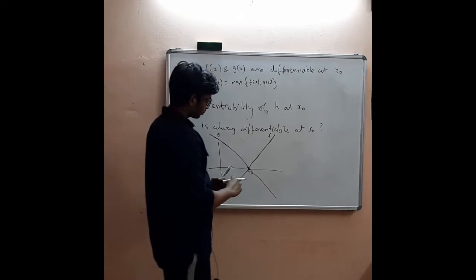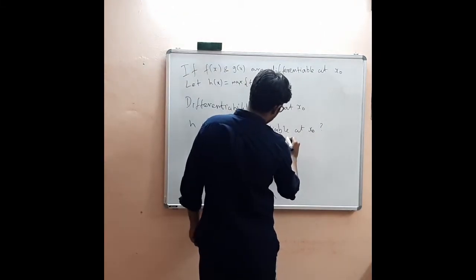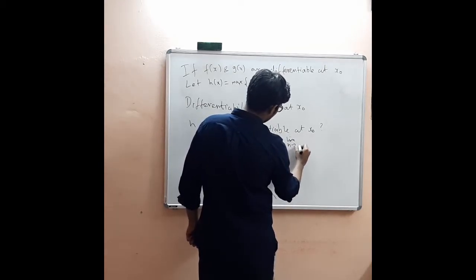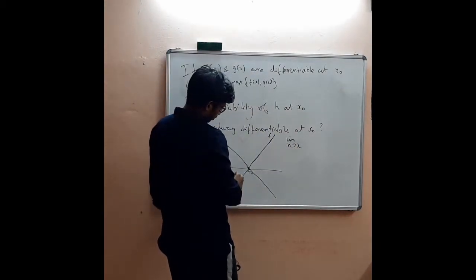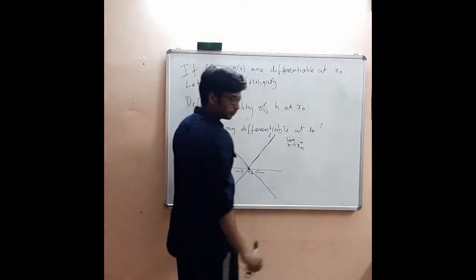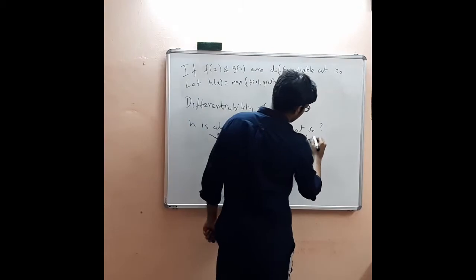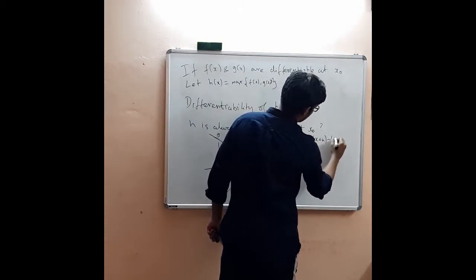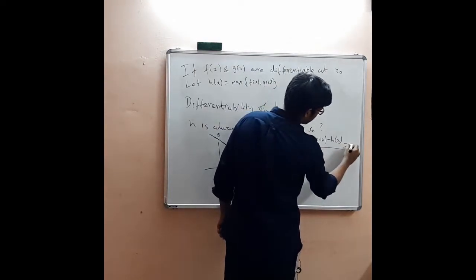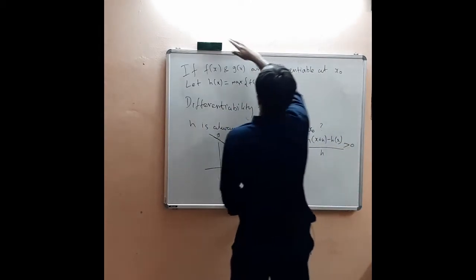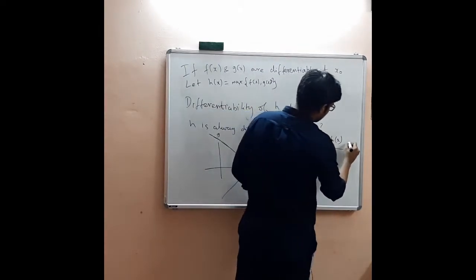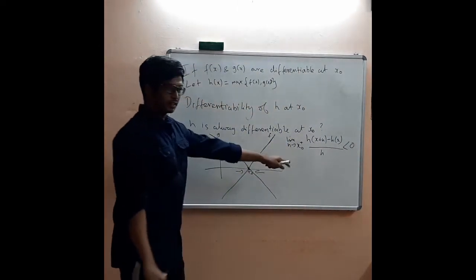So the limit as h tends to 0 from the positive side of h of x plus h minus h of x divided by h, is it greater than 0? No, it is less than 0 because g is decreasing. It is strictly less than 0.